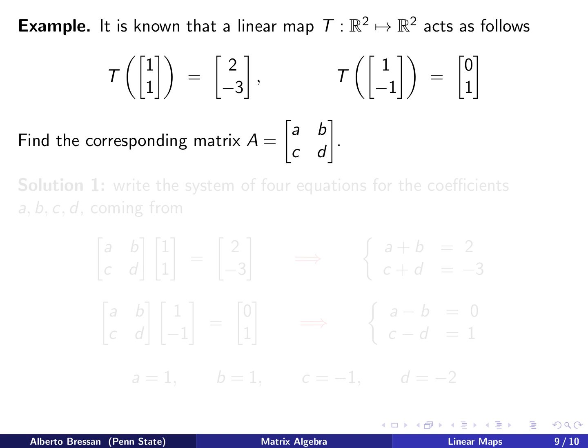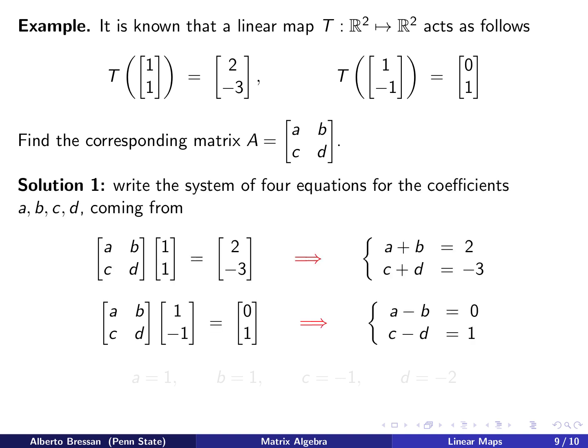So how would you do that? There are several ways of solving this little problem, of course. One way would be to write out the 4 equations for these 4 coefficients A, B, C, D by using the 2 given statements. The first one, A times (1, 1) should be (2, -3), right? Writing out the left-hand side, I have A plus B is 2, C plus D is -3.